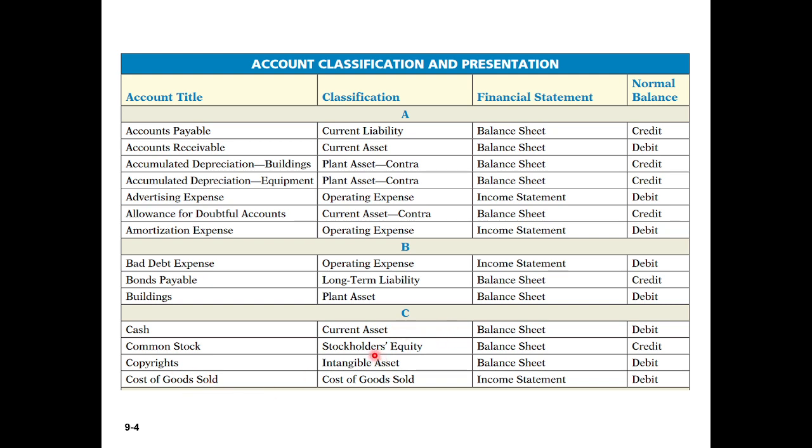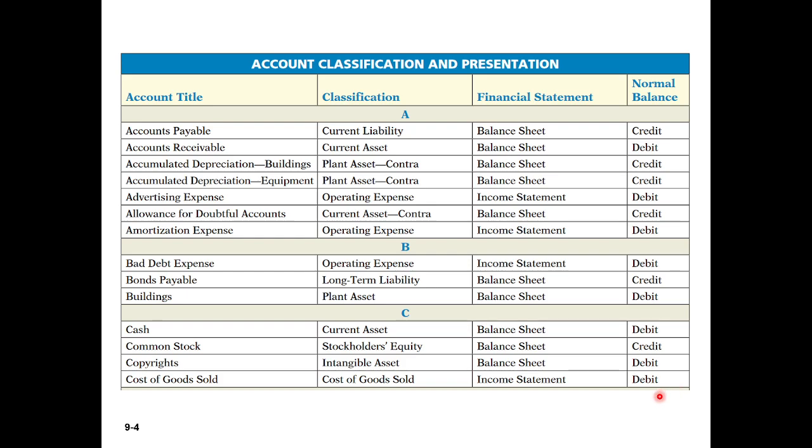These are current asset, stockholders equity, intangible asset and cost of goods sold, shown in the balance sheet and income statement. Normal balances: cash debit, common stock credit, copyrights debit and cost of goods sold debit.